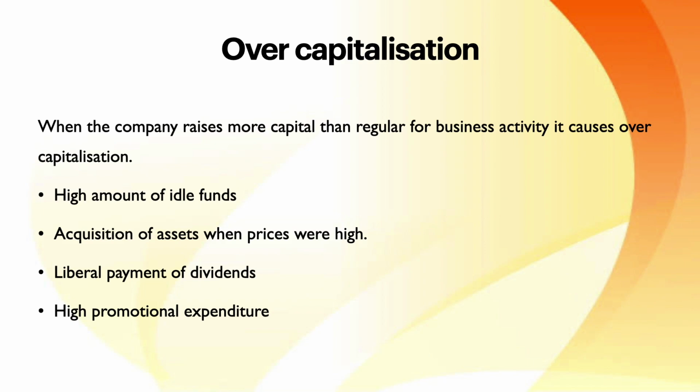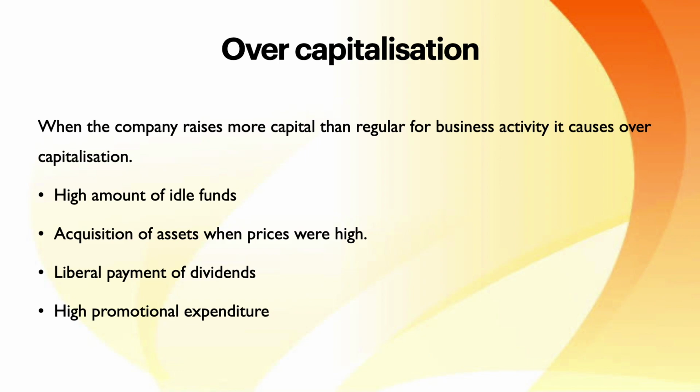Okay, so irrespective of thinking what is the price of the asset, high or low, just because I have more money or there is overcapitalization, I tend to acquire the assets when the prices are high. So basically, I am not waiting for the prices to reduce. Is that clear?